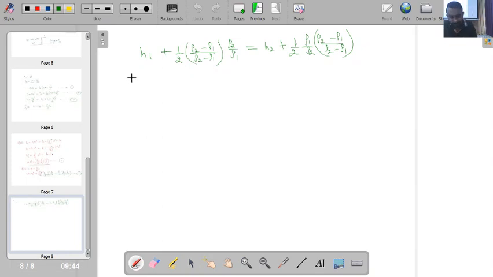Now, another interesting thing, you can write H is equal to U plus P by rho.